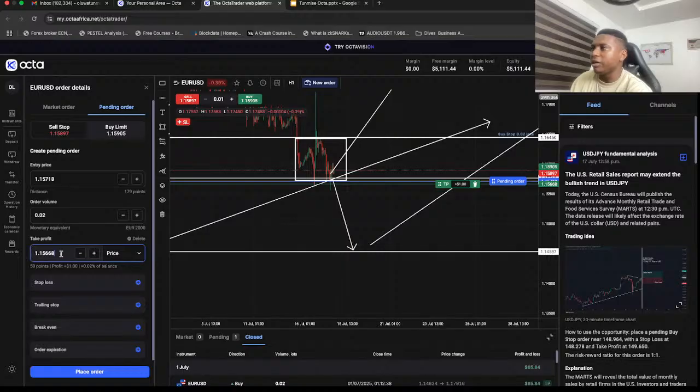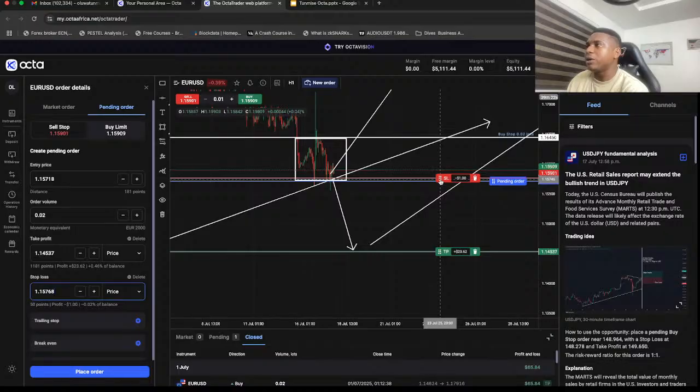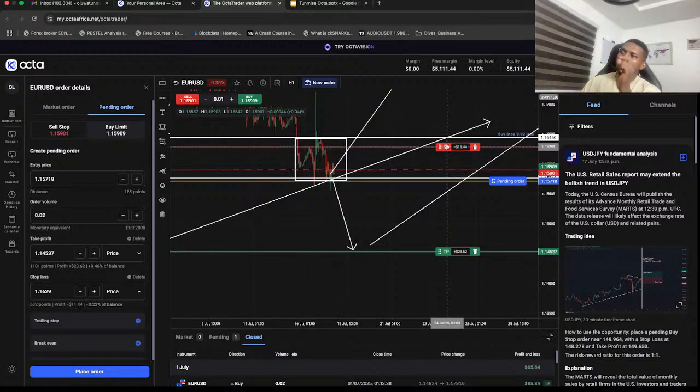So my take profit level would be 1.4537. Then I'll put my stop loss right here, because I don't want to risk more than 1% when I'm willing to take a profit of 2%.